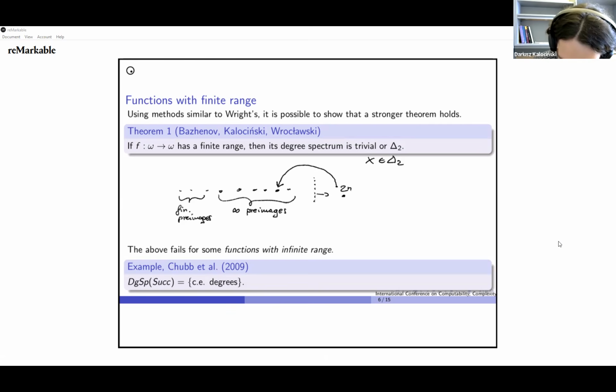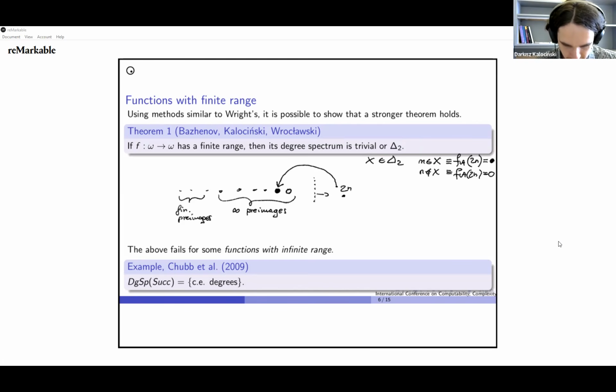So the coding will work like this: n belongs to X when f_A of 2n lands on, and we have to specify where, let's say the solid element. These are some natural numbers. So it equals this, and otherwise we are sending this to the empty circle.